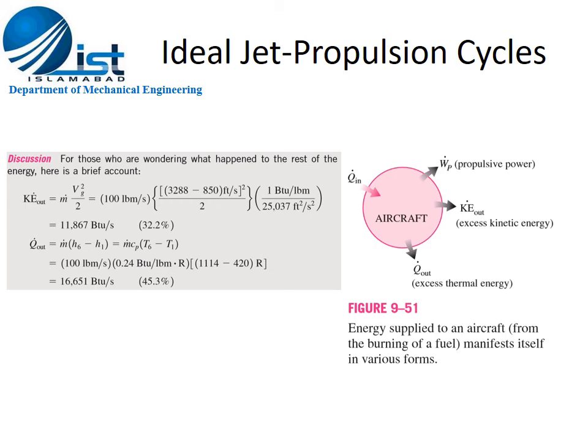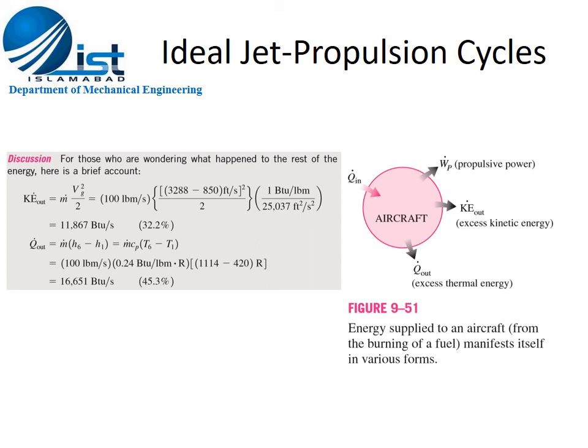But remember that kinetic energy is available in excess amount and is not used; its value is 32.2%. If we calculate the kinetic energy, m dot V squared divided by 2, we find 11,867 BTU per second, which is 32.2%.